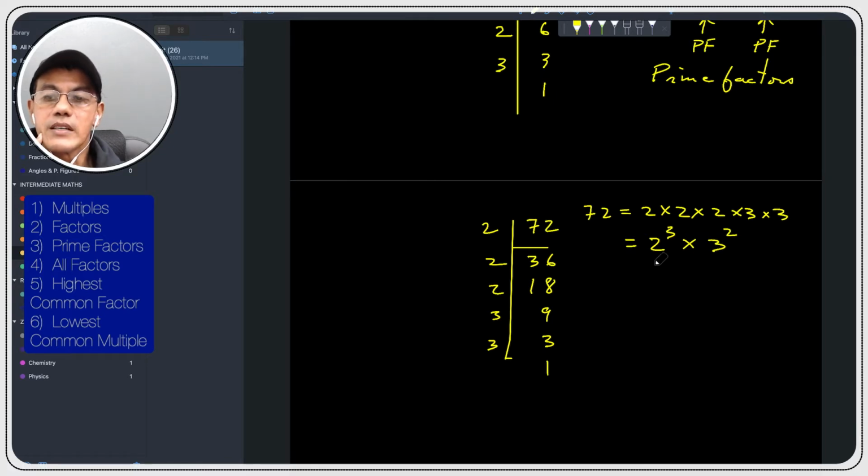And the prime factors of 72 will be 2 and 3. Prime factors of 72 will be 2 and 3. Factors will be prime factors again. So these are prime factors.